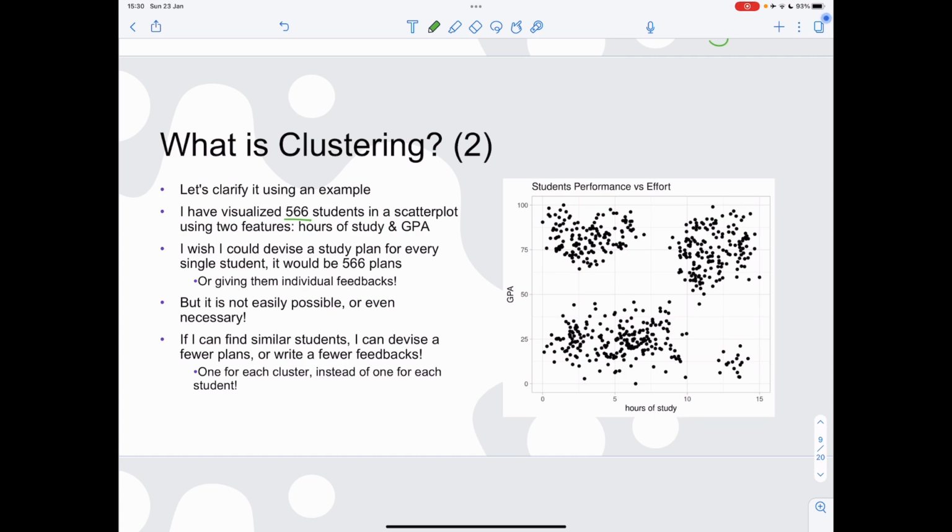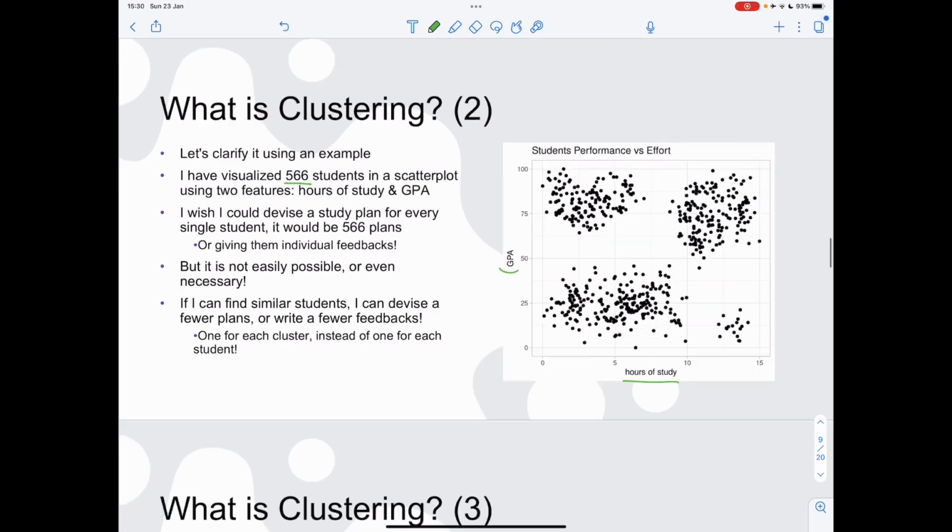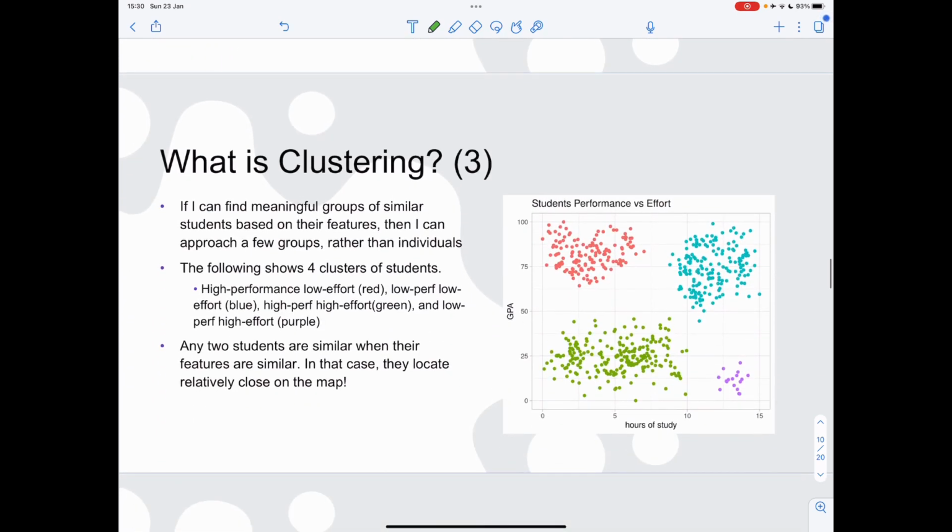If I can find similar students based on these two variables, I can devise fewer plans or write fewer feedbacks. So similar students would get similar feedbacks, right? Clustering is a way to find those similar students.